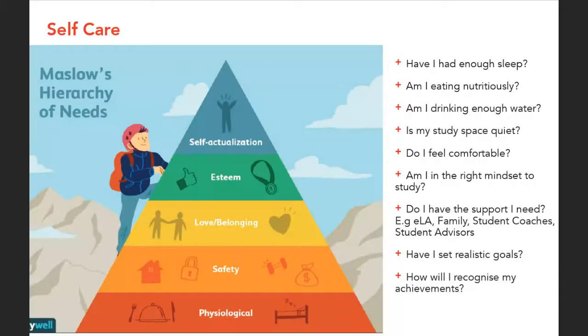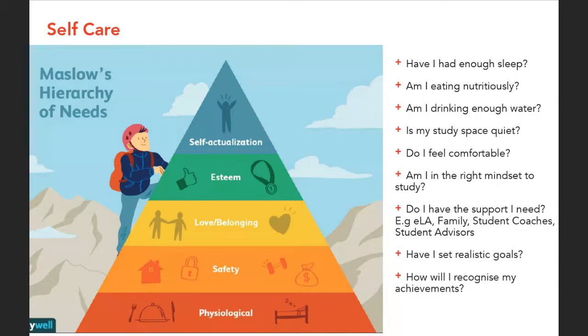This is your reminder for looking after yourself. So think about, have you had enough sleep? Are you eating nutritiously? Are you drinking enough water? Even though it doesn't sound that important, it's really important to be able to concentrate. And is your study space quiet? Do you feel comfortable and in the right mindset to study? Do you have all the support you need, and have you set realistic goals? And also, how will you recognize your achievements?